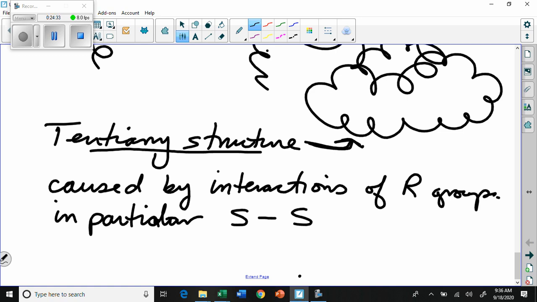Sulfur atoms found in a few of the amino acids, when they bend and kink around, the sulfur atoms bond or hold themselves together, creating what are called disulfide bridges.